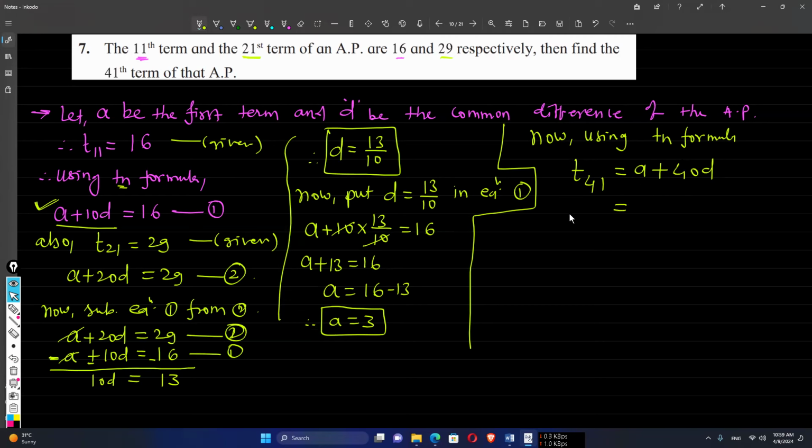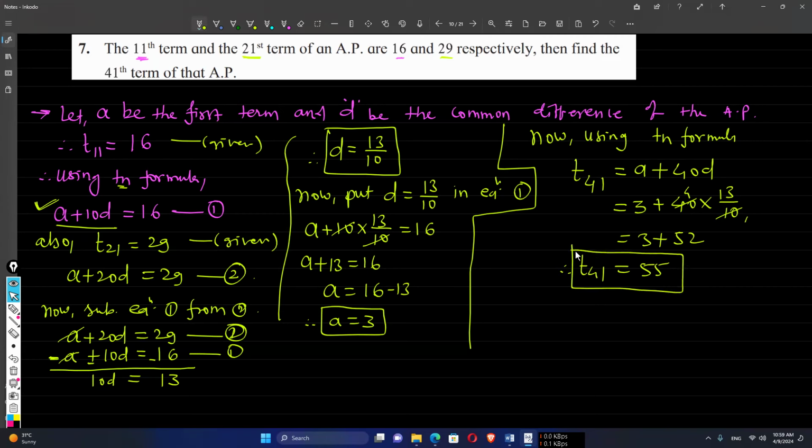Okay, so a is equal to 3, plus 40 times the value of d, which is 13 upon 10. So 10 ones are 10, 10 fours are 40. Therefore, 3 plus 13 times 4 is 52, and 52 plus 3 is 55. Therefore, T41 is equal to 55.